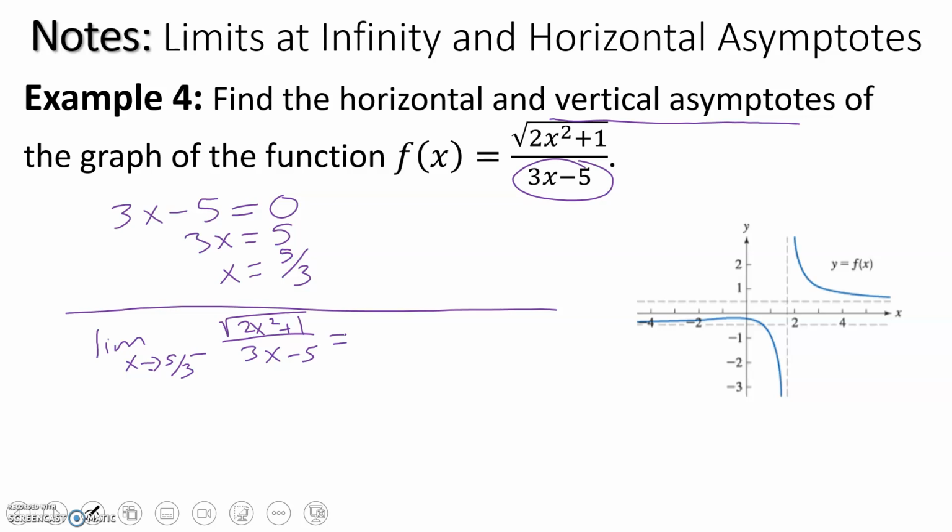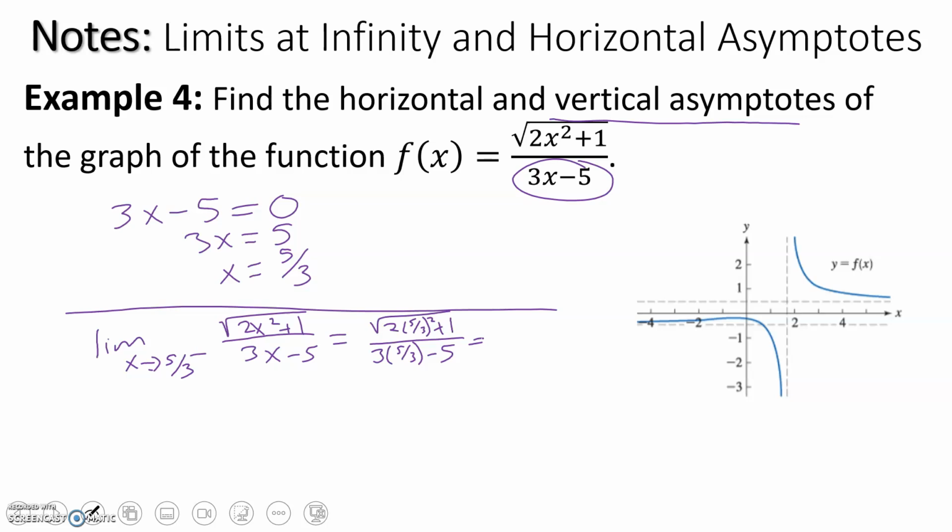And the numerator is going to be some constant, right? So ultimately, we get this: square root of 2 times 5/3 squared plus 1, divided by 3 times 5/3 minus 5. Now note, it's not actually allowed to plug this in because we will get divided by 0.